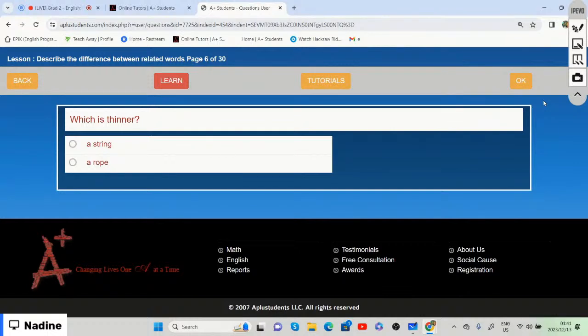Which one is thinner? Is it a string or a rope? Something that is thinner is a string.